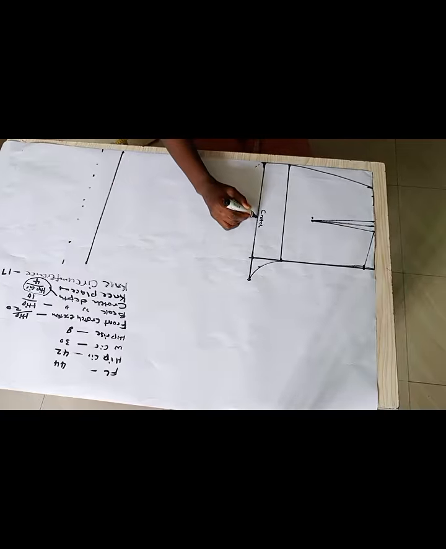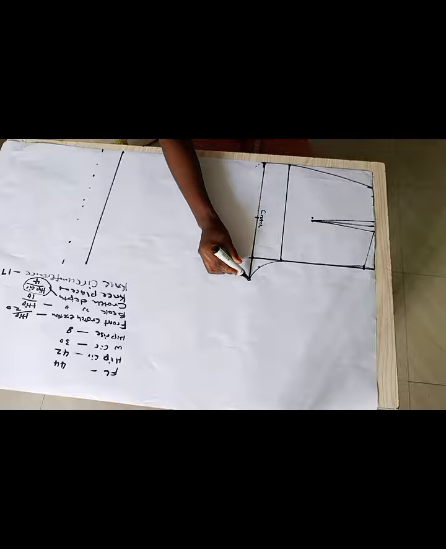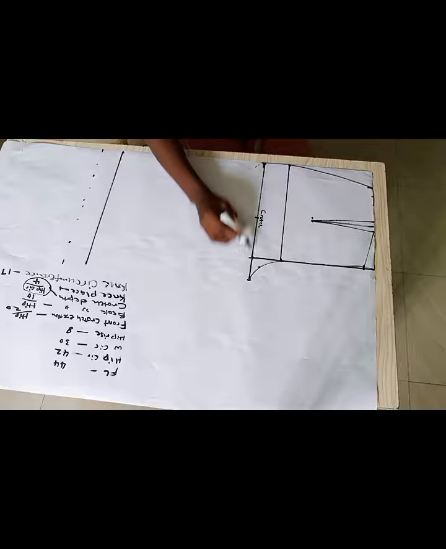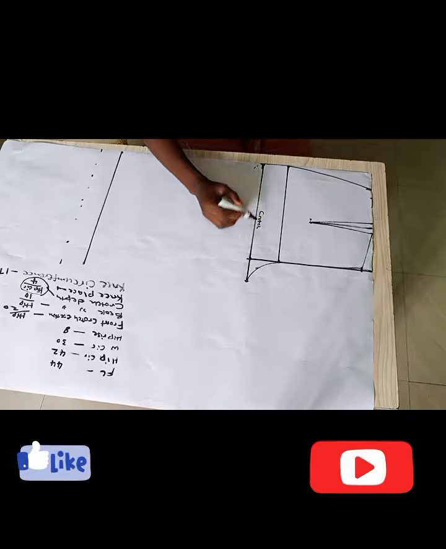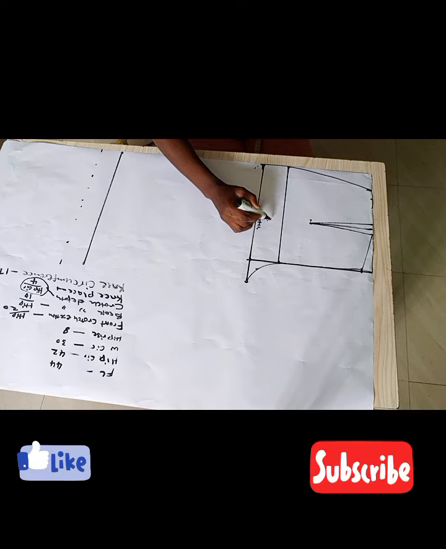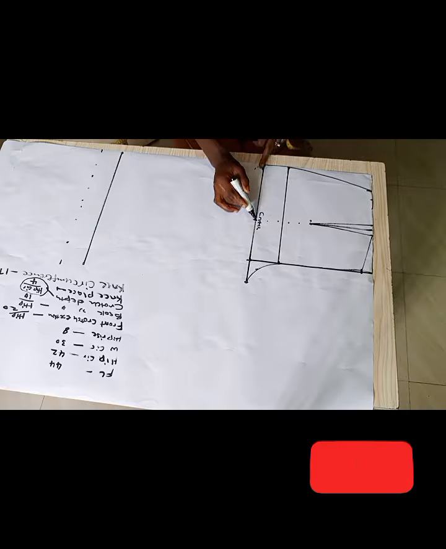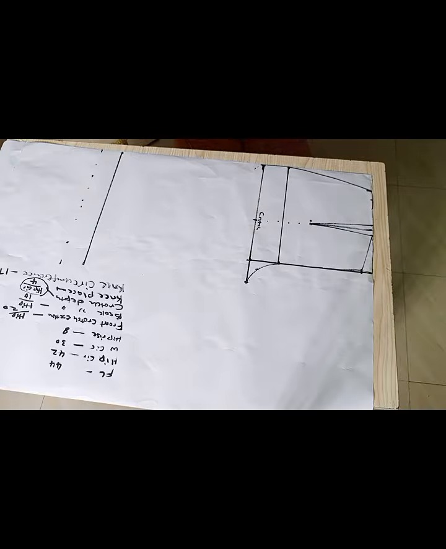Can you notice that the midpoint of the crotch line, including the extension, the entire crotch line, is exactly where we place our darts? Just watch. Can you see the accuracy? So this is the midpoint of our trouser pattern. This is where you form your crease line.